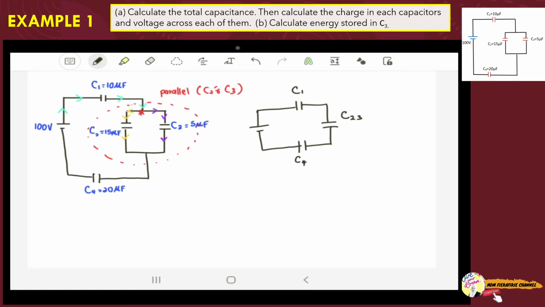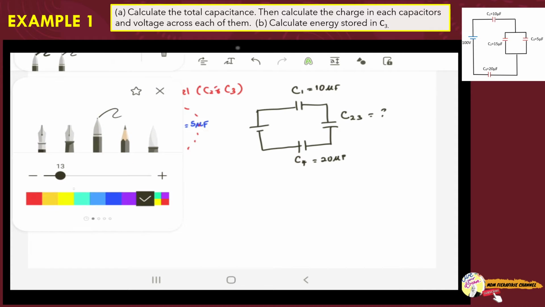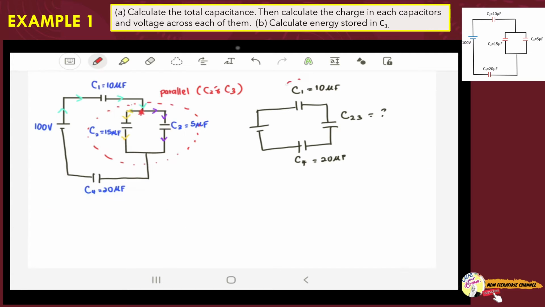Now we need to calculate C23. Here we know this is 10 microfarad, and here is 20 microfarad, and how about this one, C23? Finally we can find the total capacitance, C1234, which we can write as C total or C equivalent for the circuit.